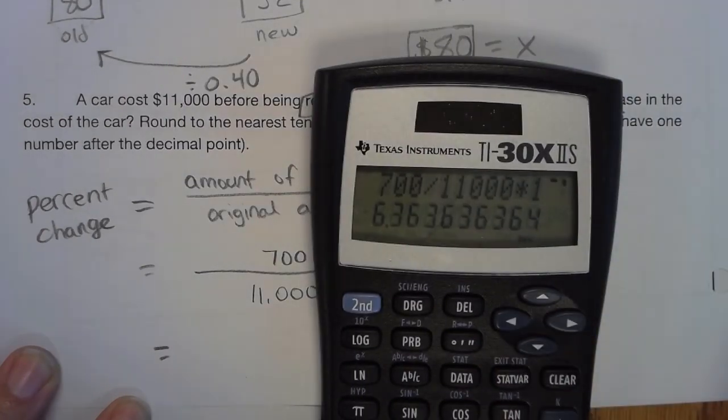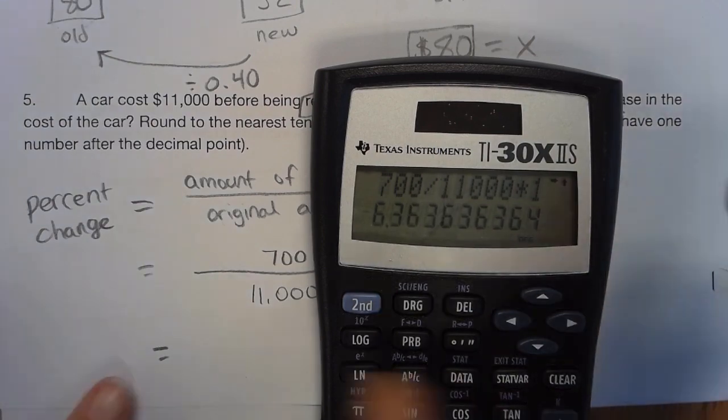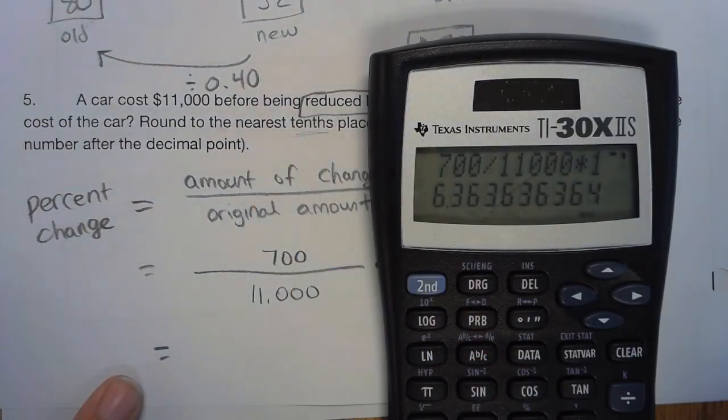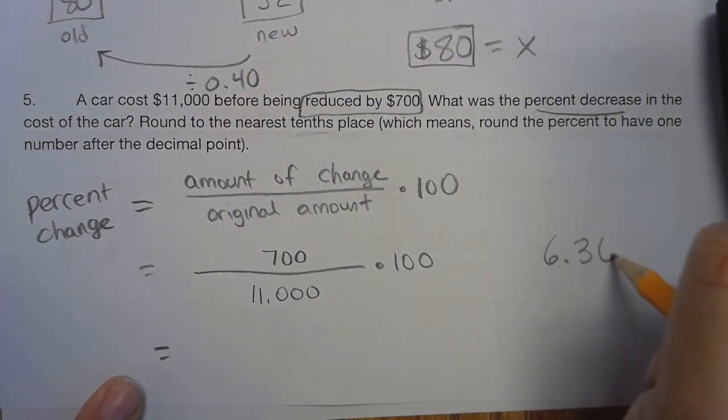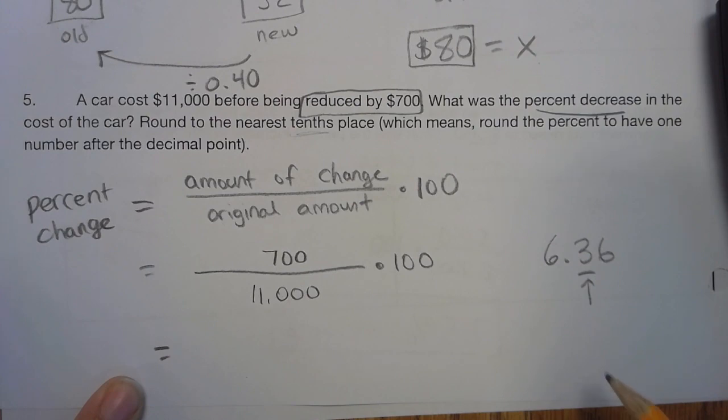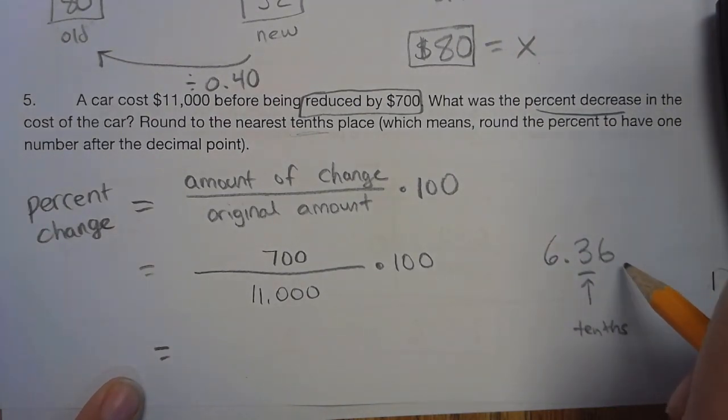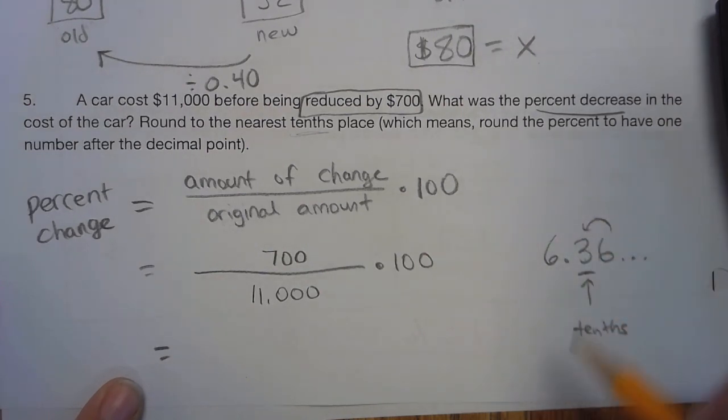And you'll get this, 6.36 repeating. As I wrote here, we want to round to the nearest tenths place, and I reminded us that the tenths place is the place value right next to the decimal point. So if we think about this, we're either going to have 6.3 or 6.4, and it depends on the number in the hundredths place to the side.